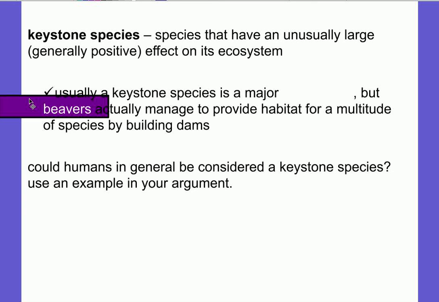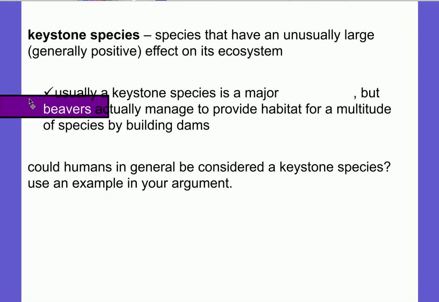The beaver took down a couple trees, built a dam. Now there's a lake there where there wasn't a lake before. You have habitat for lots of different things all of a sudden. You got a place for fish, for birds, for all sorts of different organisms to thrive in that wouldn't have been there without the beaver itself. So a beaver could be considered a keystone species from that standpoint.